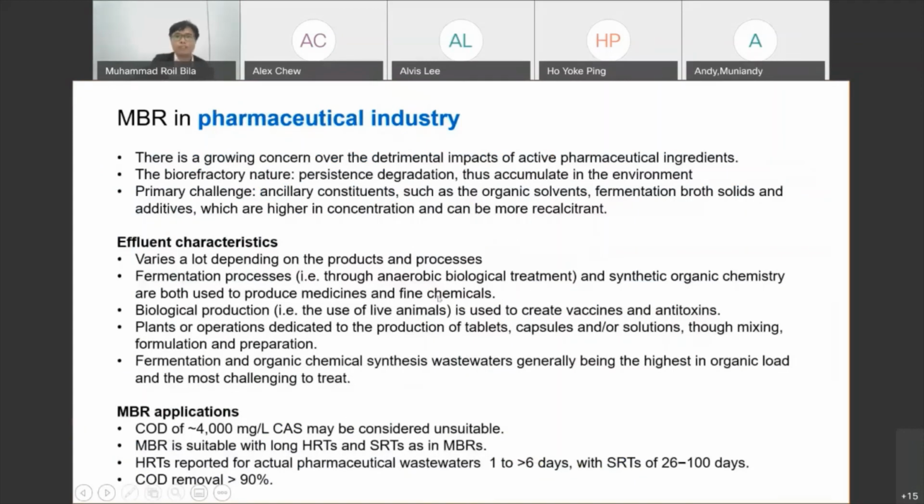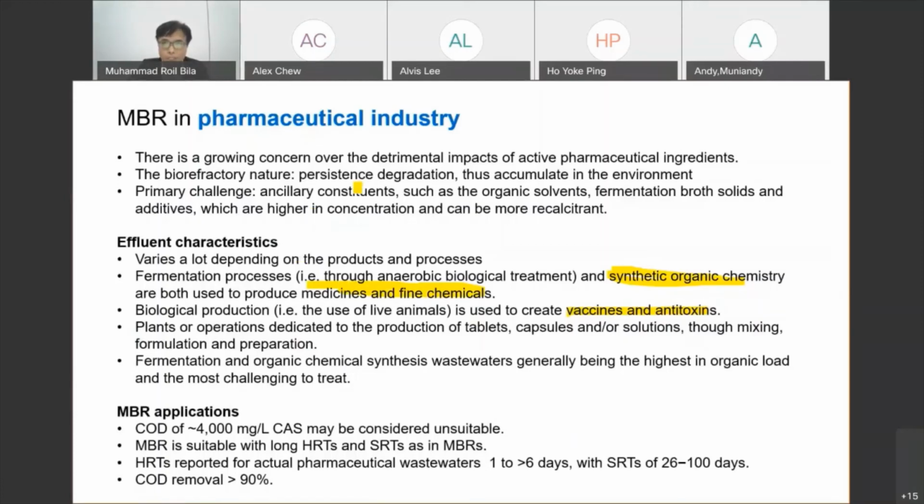Pharmaceuticals. The important thing about pharmaceuticals is that many conventional biological wastewater treatments won't be really suitable. The reason is that you have vaccines, antitoxins, organics, solvents, medicines, fine chemicals.